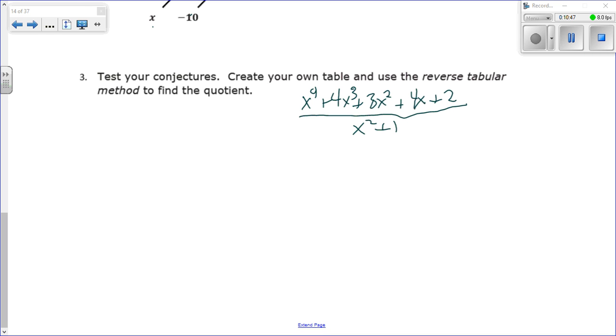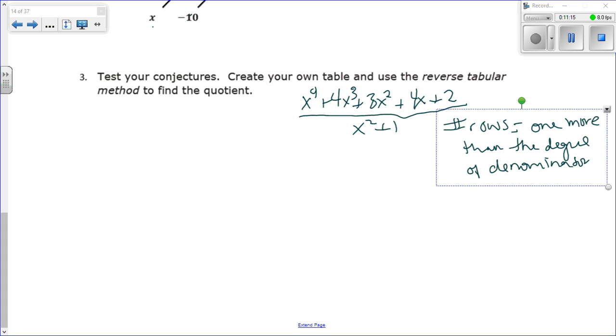So to figure out how you set up your table, the number of rows equals 1 more than the degree of the denominator. So in this case, my degree of my denominator is 2, which would mean I would need 3 rows because I need 1 more.